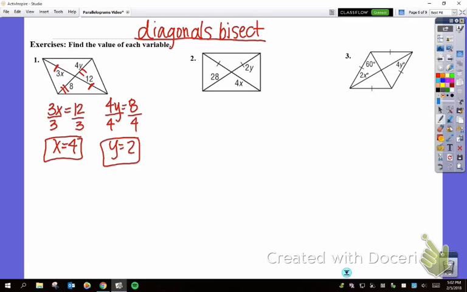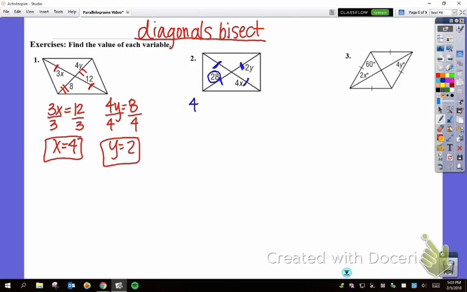Now, you'll notice that on number 2, we have dash marks, which represent that pieces are equal. If this is 2y, and these have 1 dash mark, that means those pieces are the same. But when we bisect, that means this piece and this piece are equal. That also means that this piece and this piece are equal, so all 4 pieces of our diagonals have 1 dash mark, which means they all equal 28.